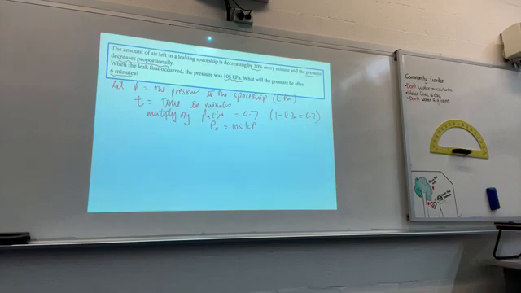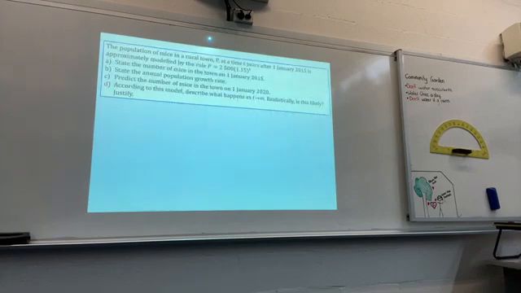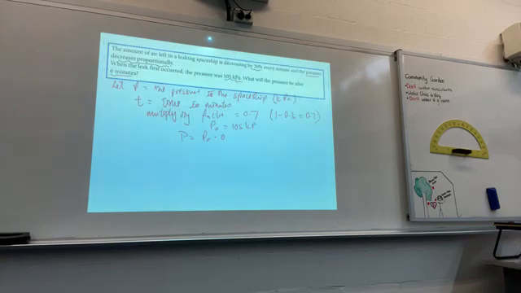So therefore we can write the equation P equals P naught times 0.7 to the power of T. Or hang on, P equals 105 times 0.7 to the power of T. So when T equals 6, P should be 105 times 0.7 to the power of 6, which is 12.35.